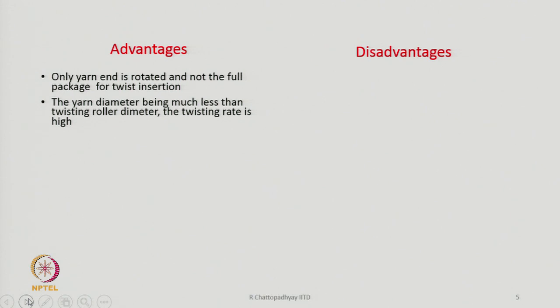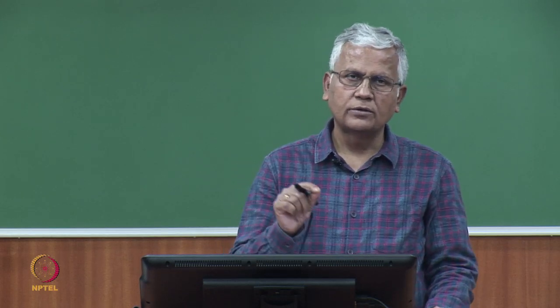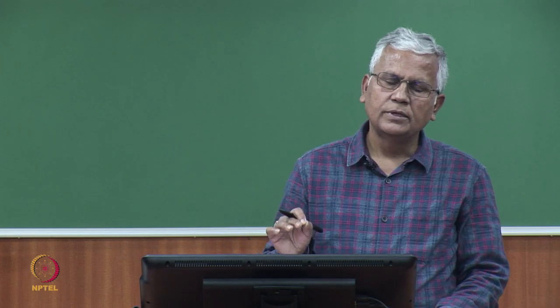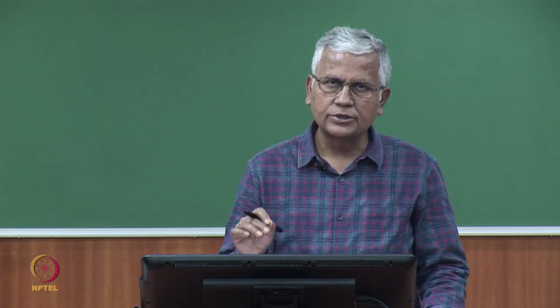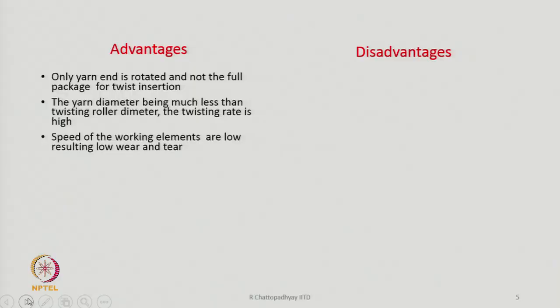It is the diameter ratio that will matter, and since the ratio is quite big, for every revolution of the twisting roller, we get many more revolutions of the yarn, because the yarn diameter is much smaller in comparison to the diameter of the twisting roller.